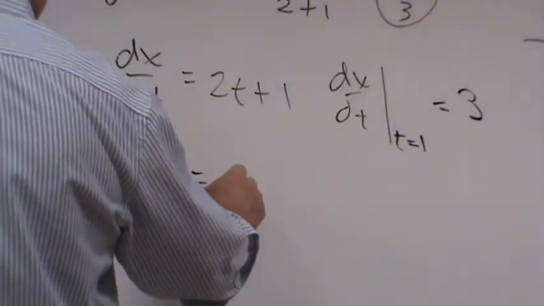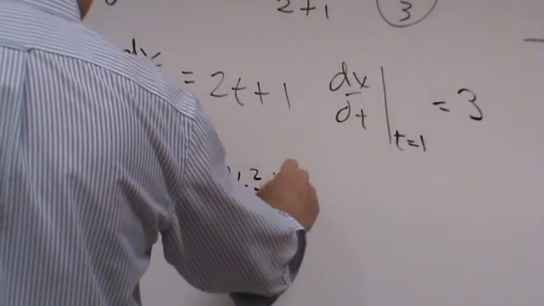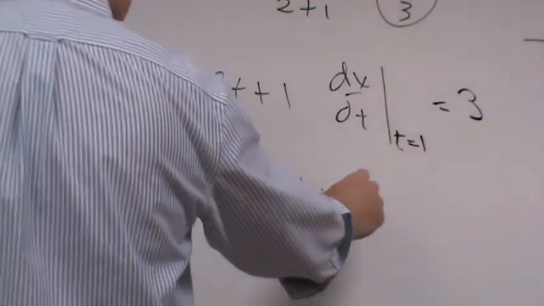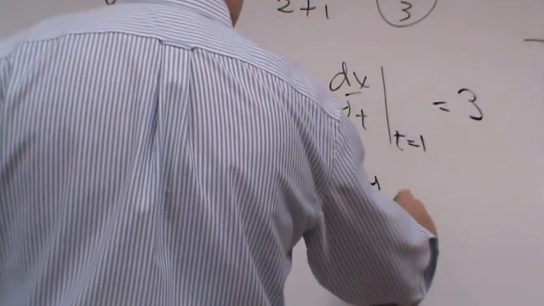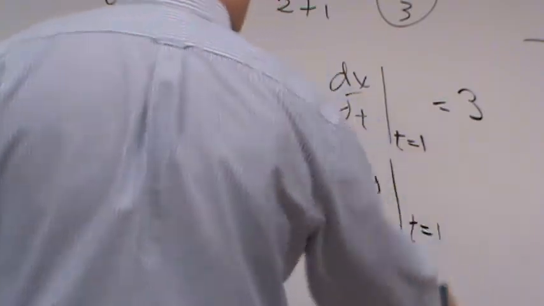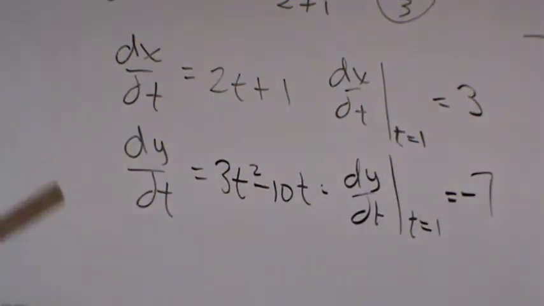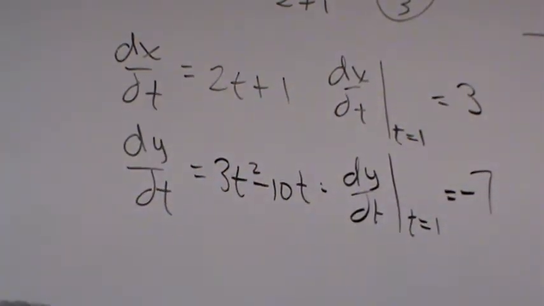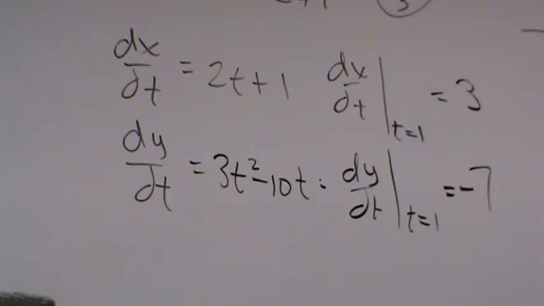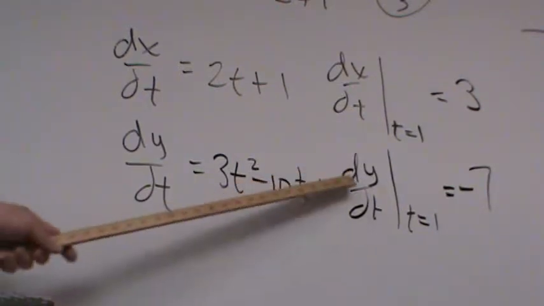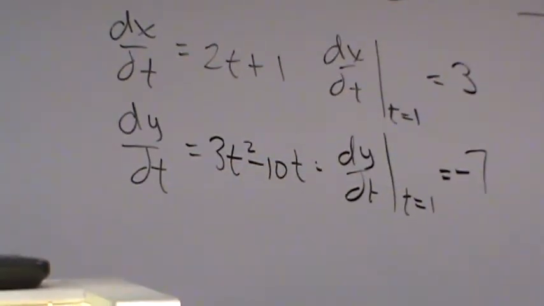Whereas dy dt is 3t squared minus 10t, and so dy dt evaluated at t equal 1 ends up being -7. So your progress in the x direction is 3 meters per second or feet per second or whatever, and your progress in the y direction is -7.